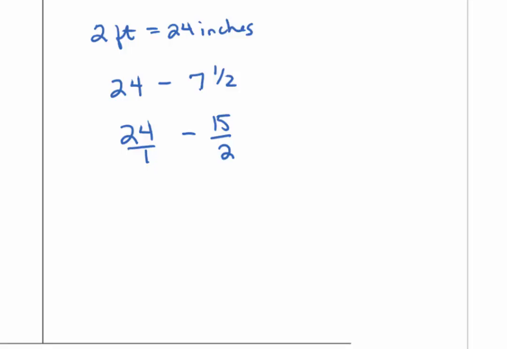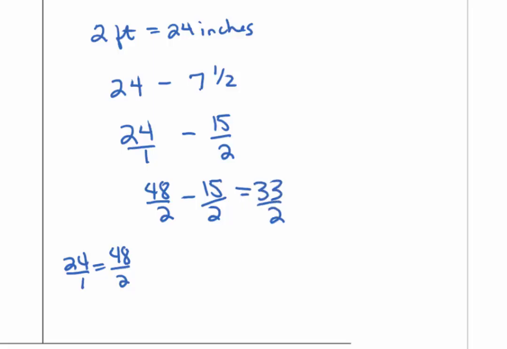To combine those, I would need them both to have a least common denominator of 2. 24/1 is equal to 48/2. So 48/2 minus 15/2 would give me 33 halves.